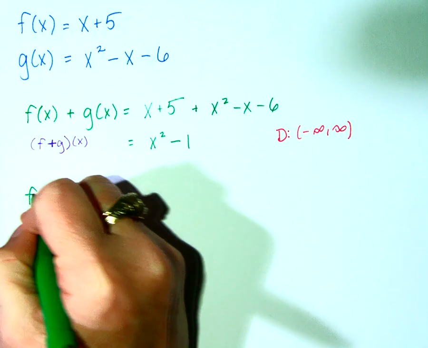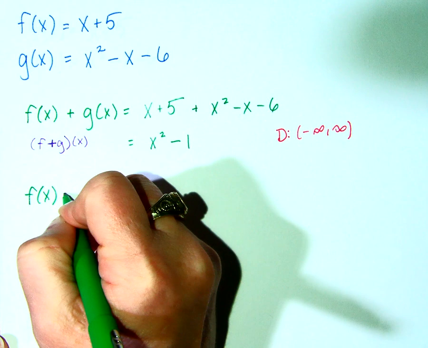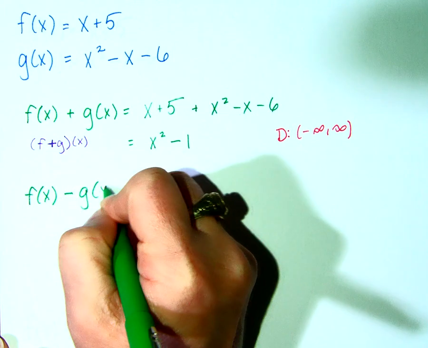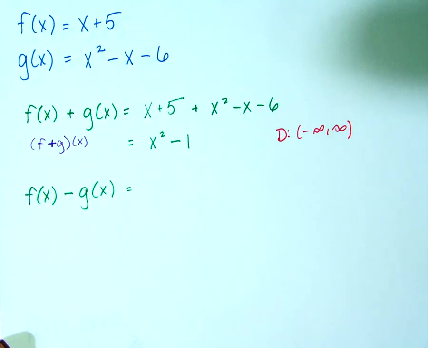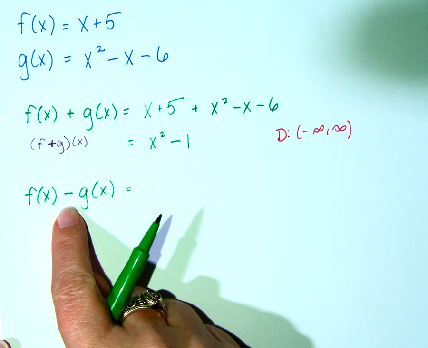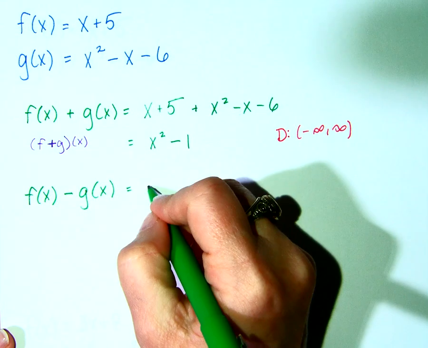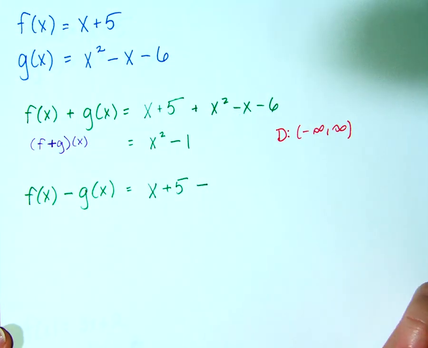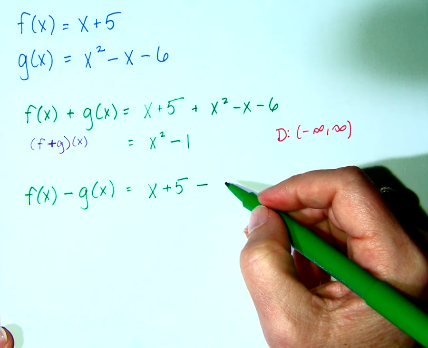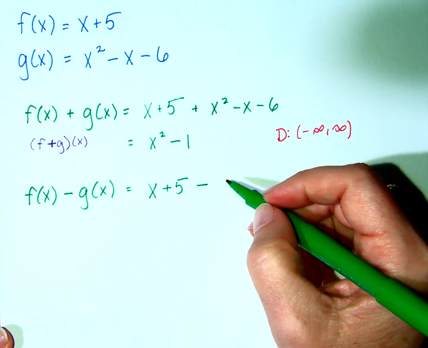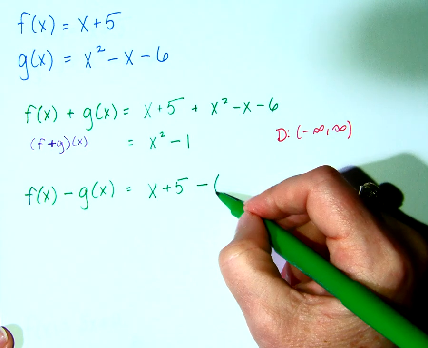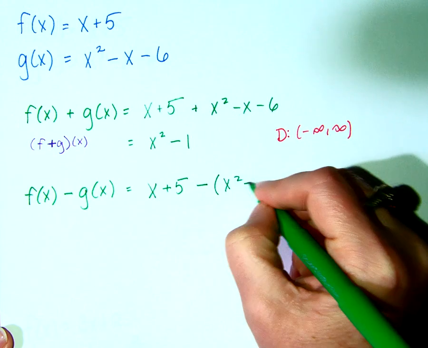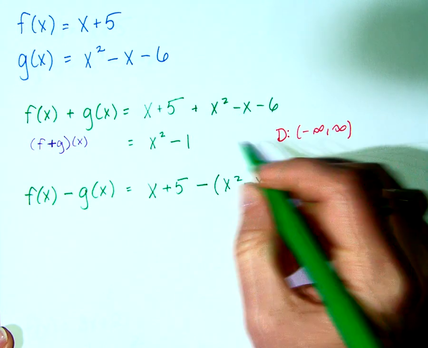Now we have f of x minus g of x. What's it asking us to do? Subtract. F of x is x plus 5 minus g of x, which is x squared minus x minus 6. What do I have to include this time? Yep. Why was it not important the first time?